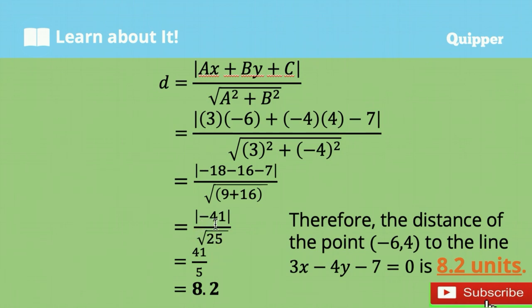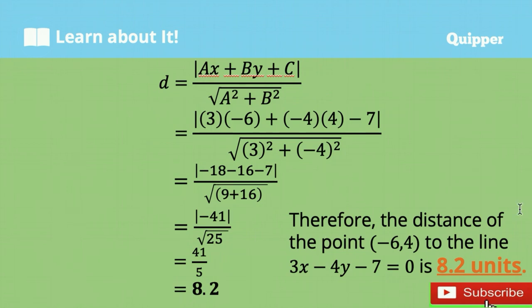The absolute value of -41 is 41 because it is just the distance from 0 to -41. So we have 41 units away. Then the square root of 25, since 25 is a perfect square, is 5. 41 divided by 5 is 8.2.